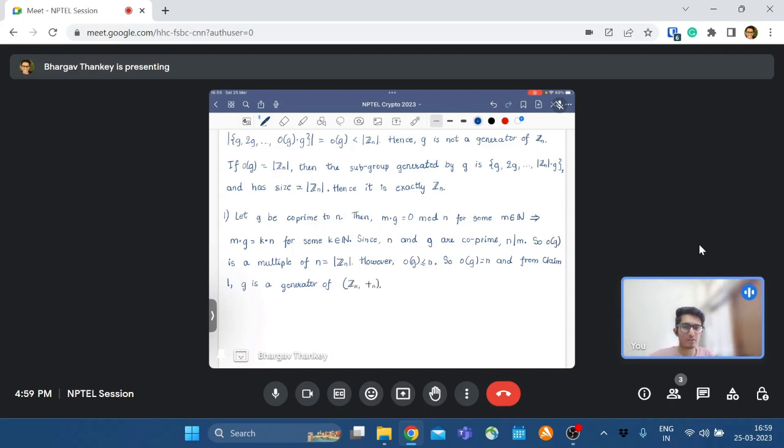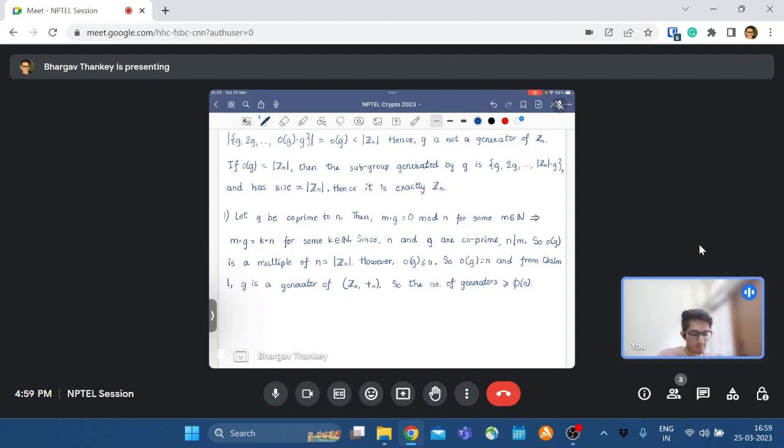Yeah, so we have shown that every number which is coprime to n is a generator of Zn, right?